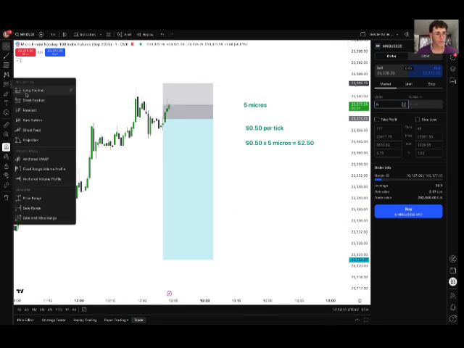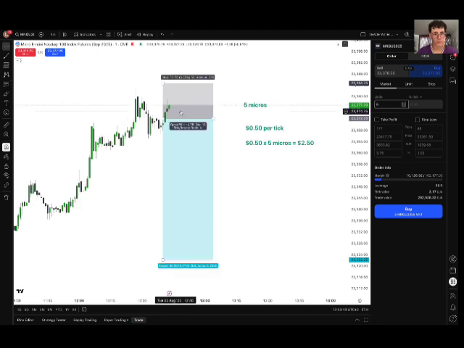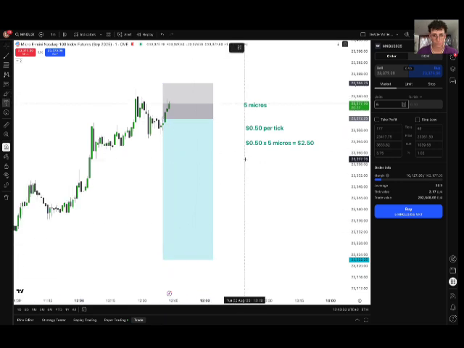Now, you might ask me, how do you know how many ticks you are aiming? When you put the projection of a short position, you can see that you have 200 and you have 50 over there. So in this case, we have a 50 tick stop loss and we have 200 ticks of take profit. So now you're simply going to do 2.50 times 200 ticks, and in that case we are aiming for $500.